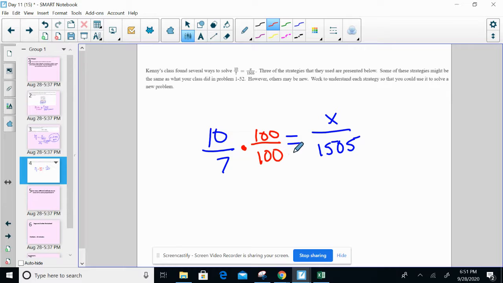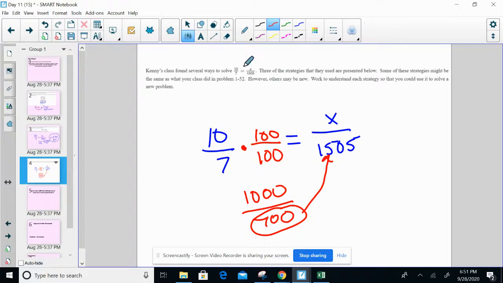Basically, you can alter 10 over 7 by taking it times 100 over 100, which is just 1. You get 1,000 over 700. Your goal is to get this denominator equal to that denominator, because if the denominators are equal, then the numerators will be equal as well.